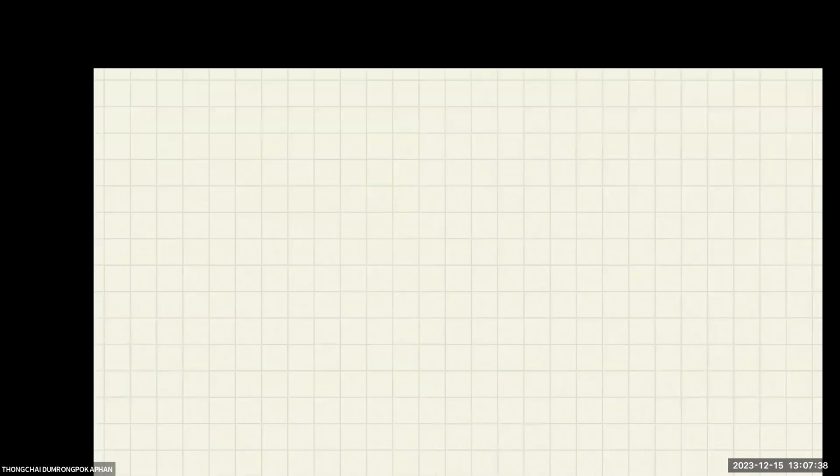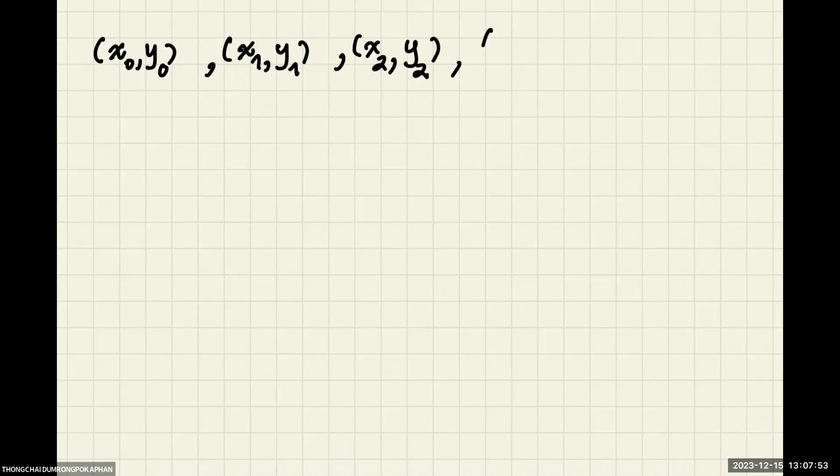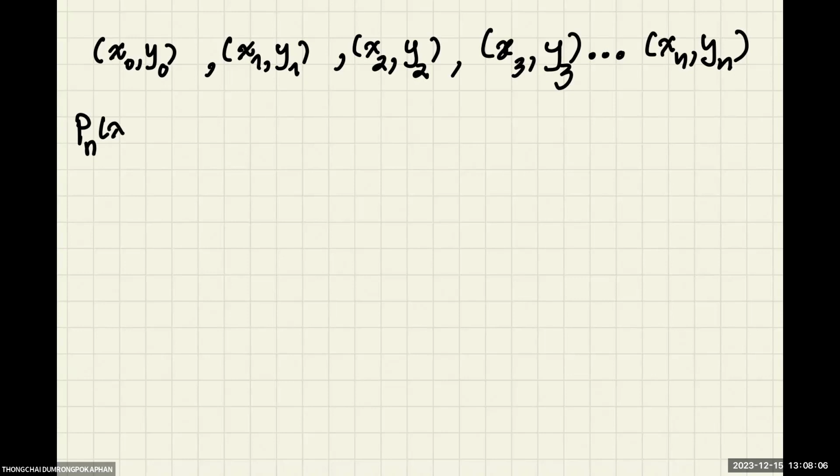So before I give you the last quiz for today, okay? I will say that if I have a data set x0, y0, x1, y1, x2, y2, x3, y3, and so on to xn, yn, the Newton form of polynomial would be Pn(x), a polynomial of degree n, because you have n plus 1 data points.